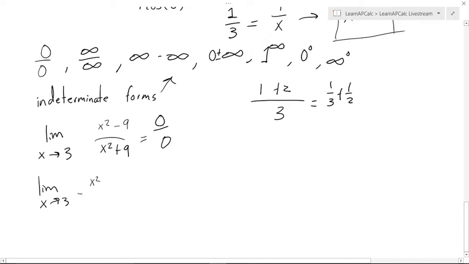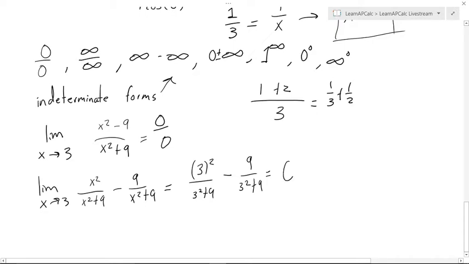So x squared over x squared plus 9. And then here we have minus 9. So I'm just simply going to write that out. And okay, now it looks like we're getting somewhere. So let's plug this one in. 3, so we have 3 squared all over 3 squared plus 9 minus 9 over 3 squared plus 9.